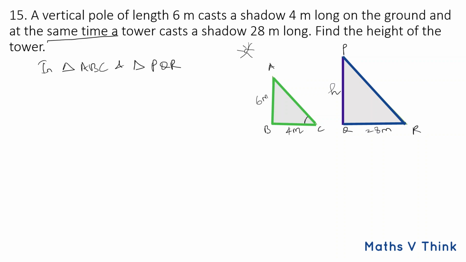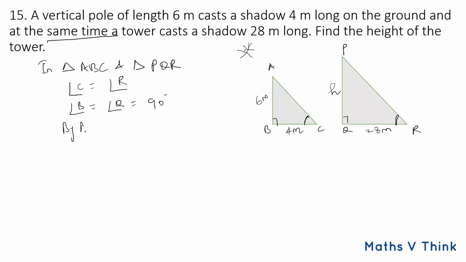So can I tell this angle will be equal to this angle? And same way the vertical pole and the tower are vertical, so this will be equal to this, that is nothing but 90 degrees. So I can tell angle C is equal to angle R. And same way angle B is equal to angle Q is equal to 90 degrees.